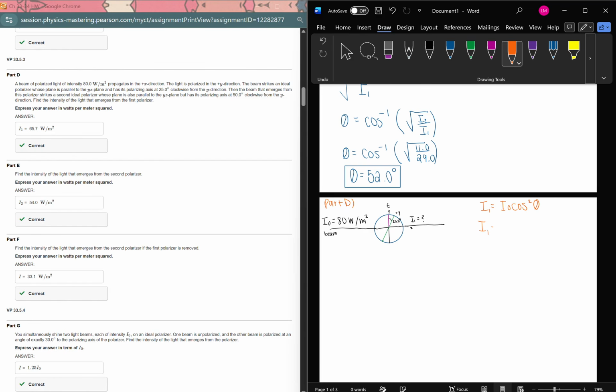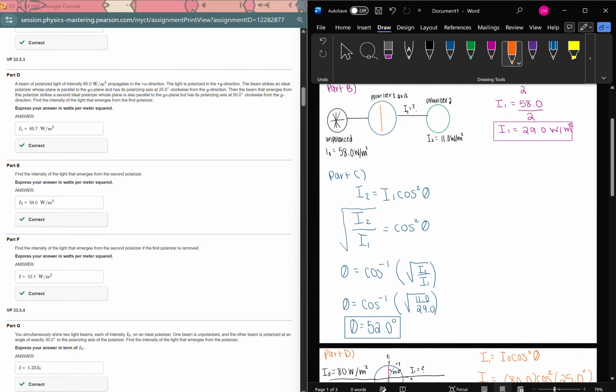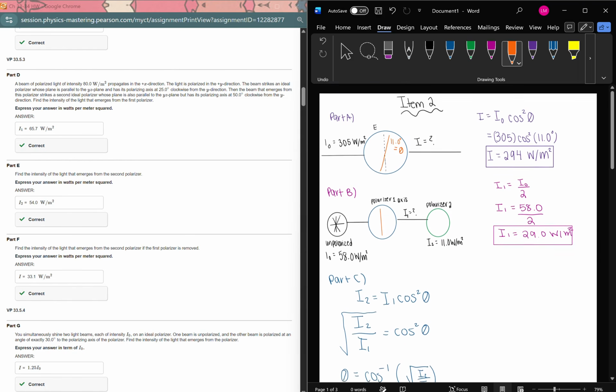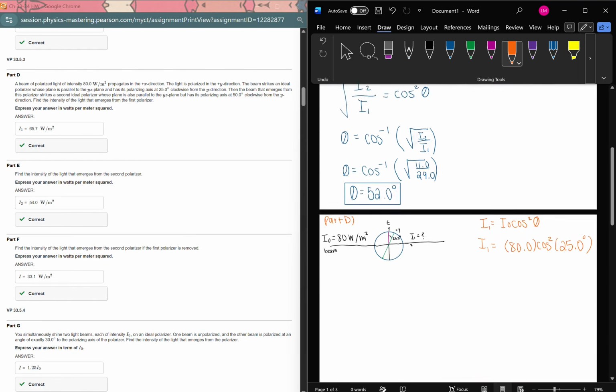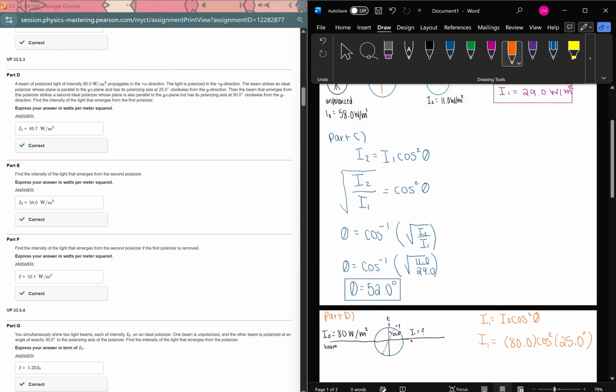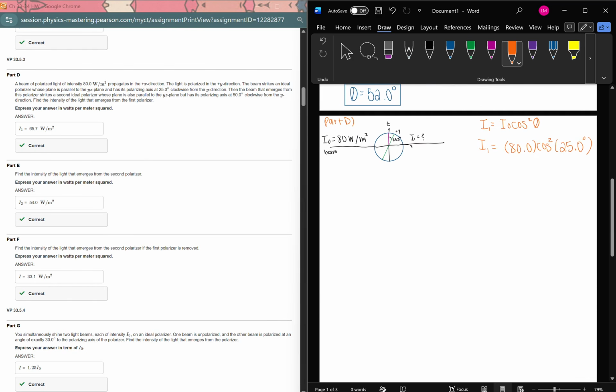This I1, which we are trying to figure out, is 80.0 cosine squared 25.0 degrees. We previously did this in part A of this question, using that same exact Malus's law, so we should know everything. And then I'm going to go ahead and plug everything into the calculator.